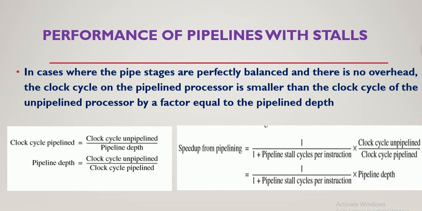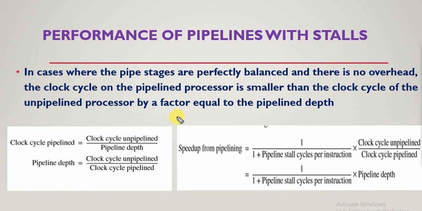In the case where the pipe stages are perfectly balanced and there is no overhead, as we have already mentioned before, the clock cycle of the pipelined processor is smaller than the clock cycle of the unpipelined processor by a factor equal to the pipeline depth.